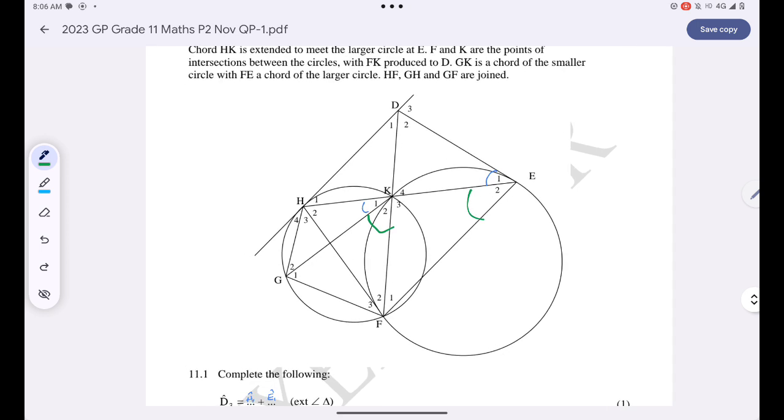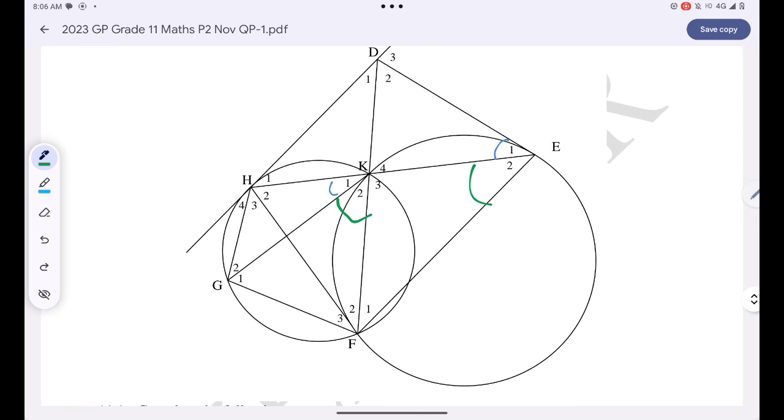I can see it. Angle K2 is equal to angle H3, ne? These are angles in the same segment.